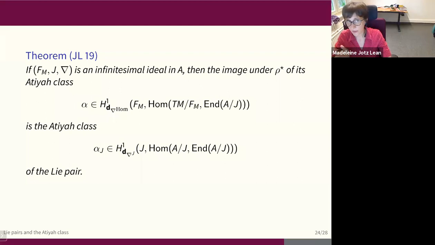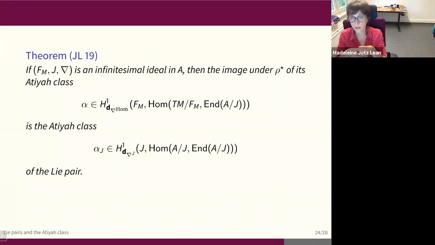And it's also very easy then to show that if you have an infinitesimal ideal structure in A, with fiber J and with anchor to TM, then the image under this map, so under the anchor, of the Atiyah class of the ideal is going to be the Atiyah class of the Lie pair. Again, that's very easy. You just need to start from an extension of the ideal connection.